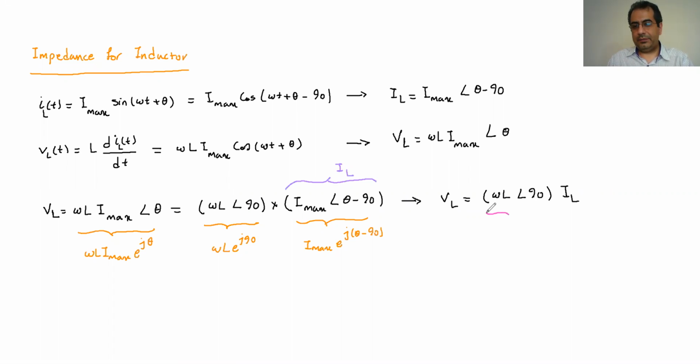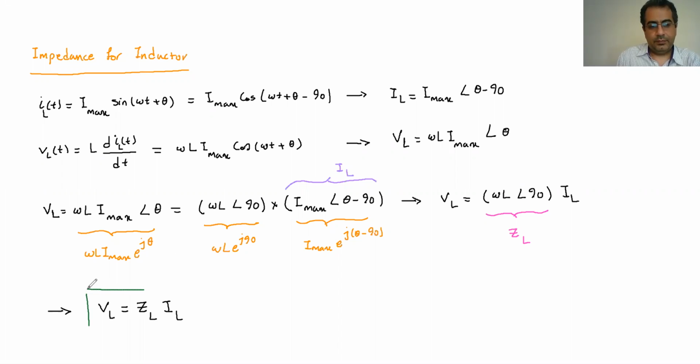So in other words, if I have an inductor in the system, I can write VL equals ZL times IL. This is the equation I have. It's similar to Ohm's law, but for the phasor format in the AC domain.